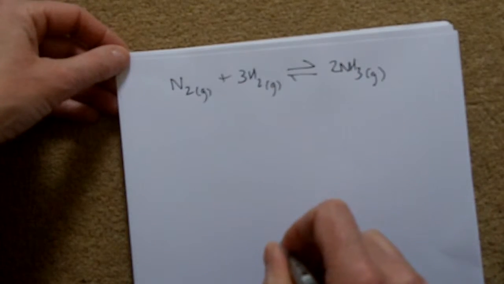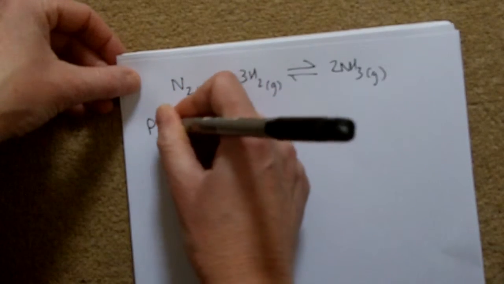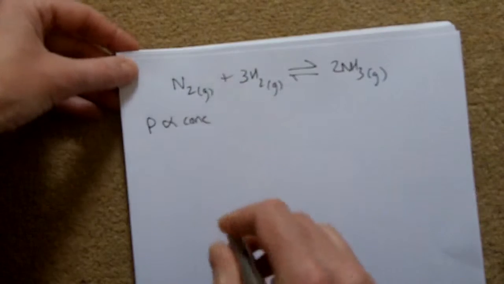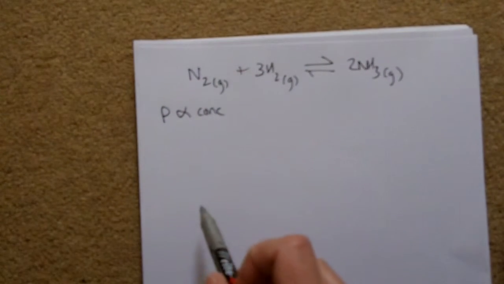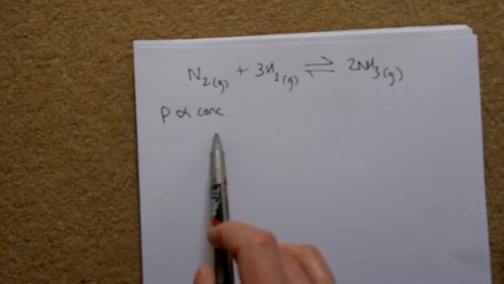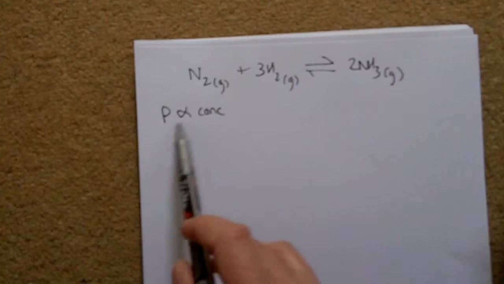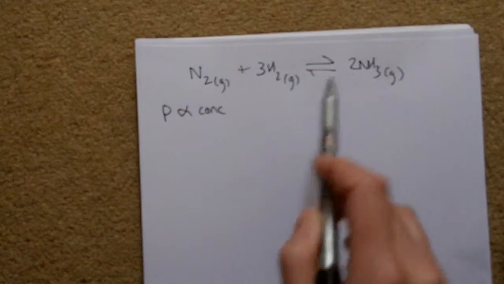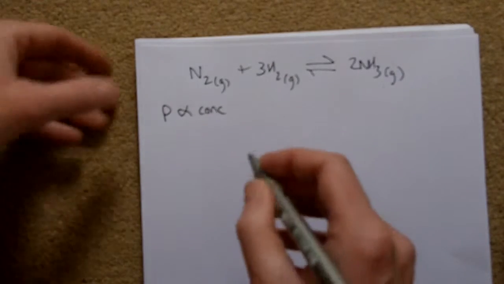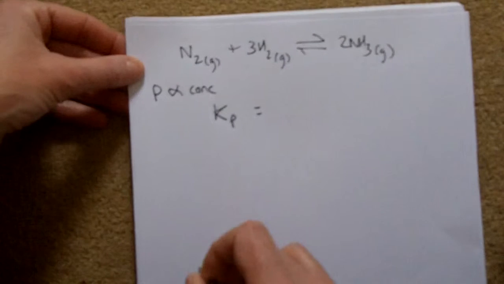But you've also got to remember that the pressure is proportional to the concentration of a gas. If the concentration of the gas increases, the pressure of the gas increases as well, so they are proportional to each other. So when we have an equation with all gases, it's more straightforward to use Kp instead of Kc.